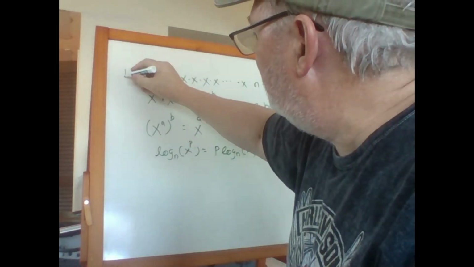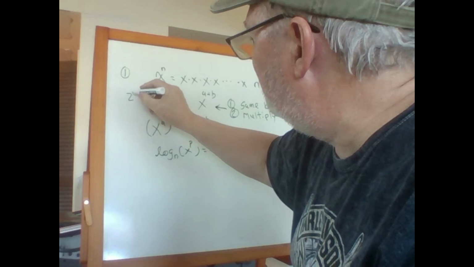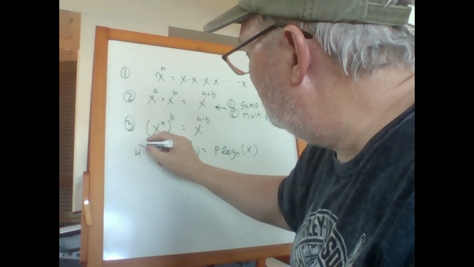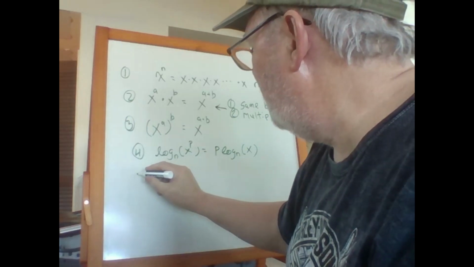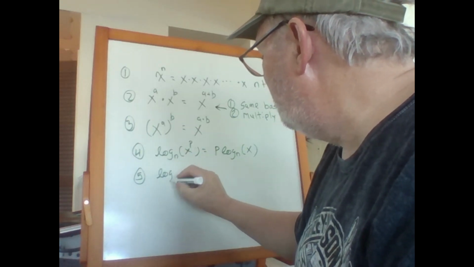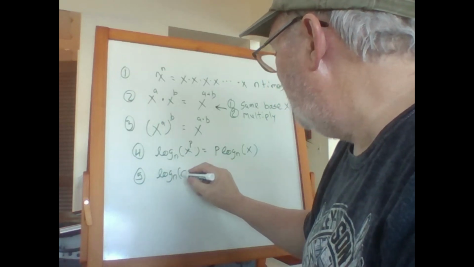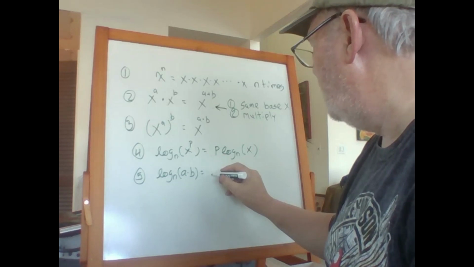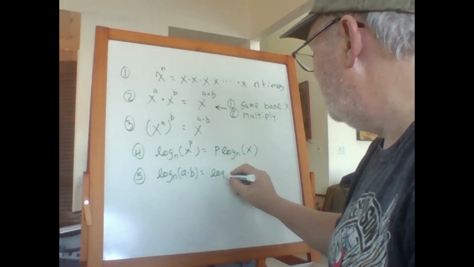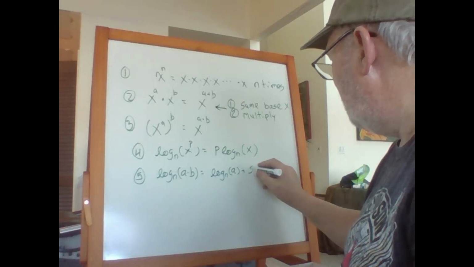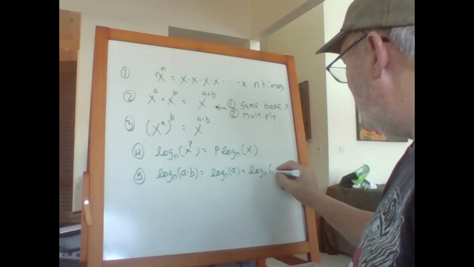So we got 1, 2, 3, 4, and now number 5 is log base n of a times b is equal to log base n of a plus log base n of b.